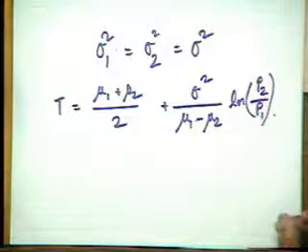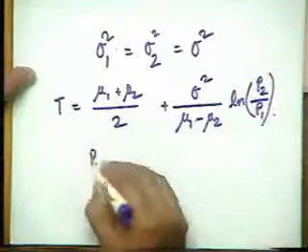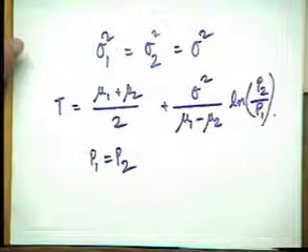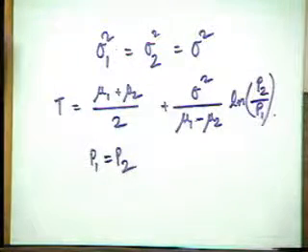So this is what we get if the variances of the probability density function for the bright as well as the dark regions are considered to be the same. Now if you further assume that the a priori probabilities P1 and P2 are equal, if P1 is equal to P2, then we get yet another interesting result.